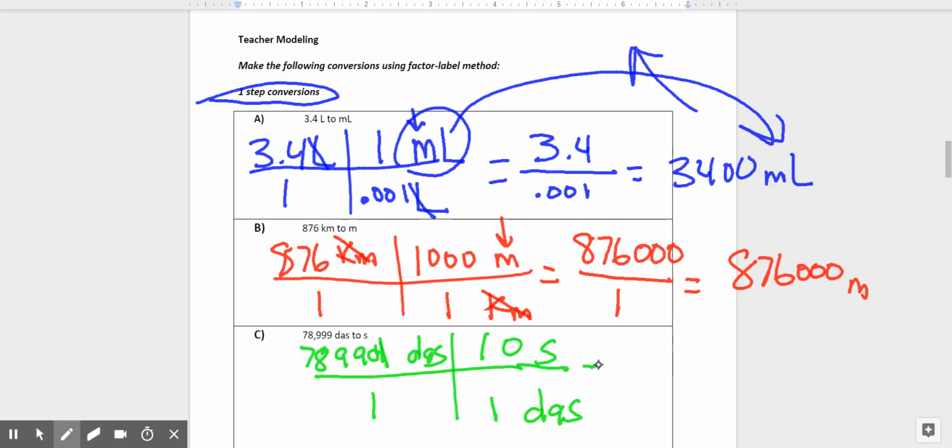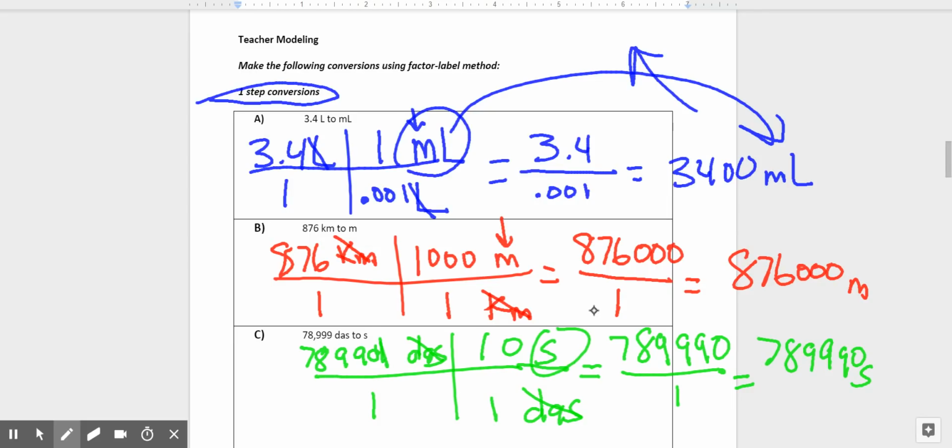Multiply across the top and the bottom, and we get 78,990 divided by 1. So 78,990 seconds. Our decaseconds canceled, and we're left with our unit being seconds.